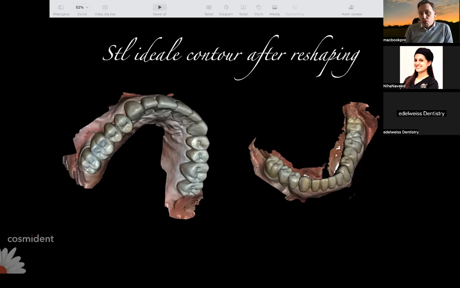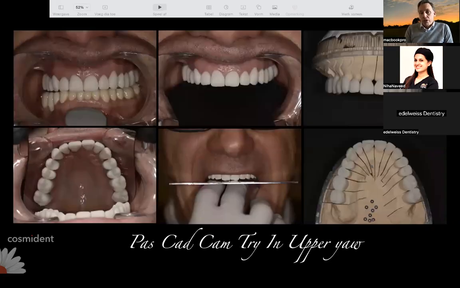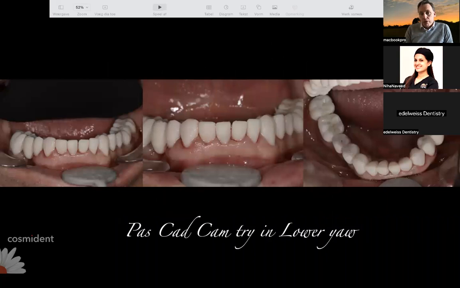So that's the reason why we go first with the temporary restorations, see if everything is going well with the patient, and then we change them to what we call temporary zirconium restorations, which you see here in a few minutes.